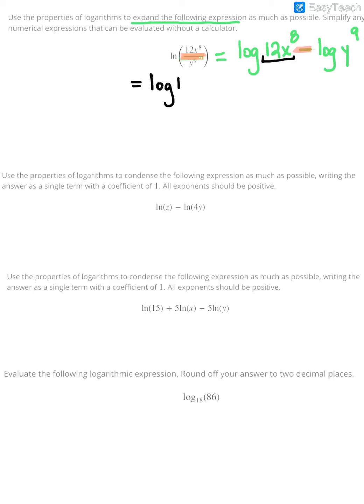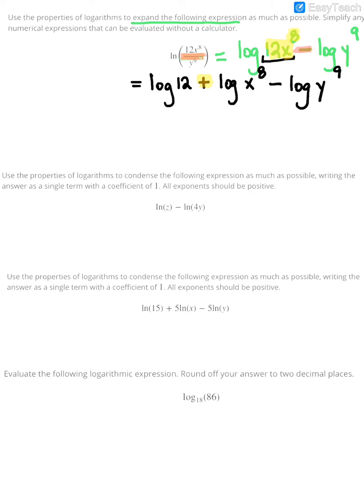I'll take the log of 12, and then I say plus the log of x to the 8th, since x to the 8th is the other factor. So again, when you are dealing with the log of a product, remember you're always going to add those terms together. Now, don't forget we still have the minus log of y to the 9th.